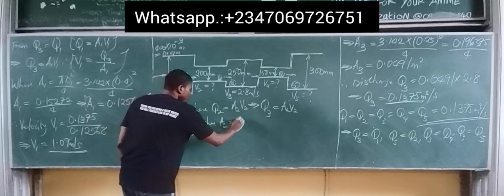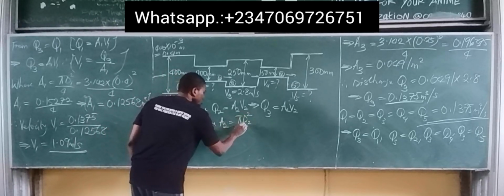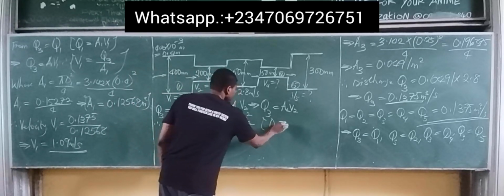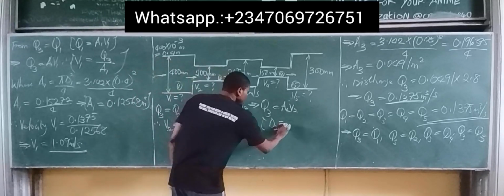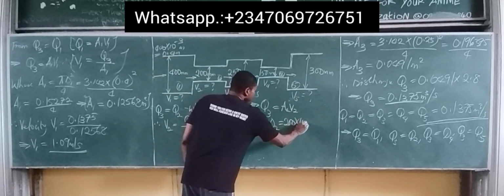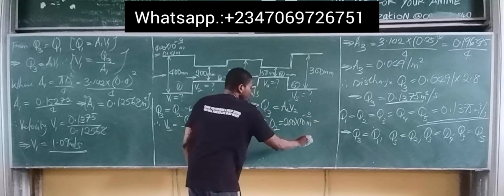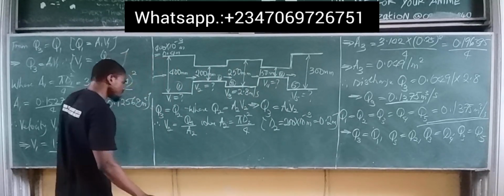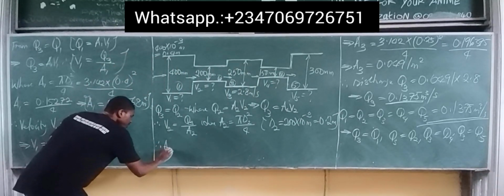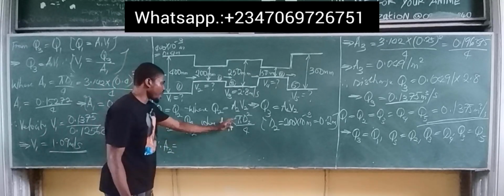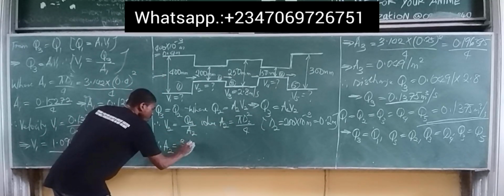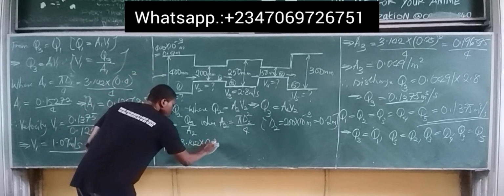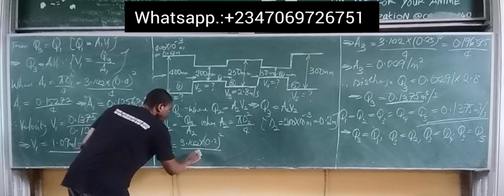Where A2 is simply equal to pi times diameter of pipe 2 all squared divided by 4. And we know the diameter of pipe 2, D2, was given in the question as 200 millimeter, which is 200 by 10 to the power of minus 3 in meters, and this is approximately 0.2 meters. So the diameter of pipe 2 is 0.2 meters. Therefore, the area of portion 2 becomes pi, a constant, 3.142 multiplied by the diameter of that segment, which is 0.2, all squared, divided by 4.